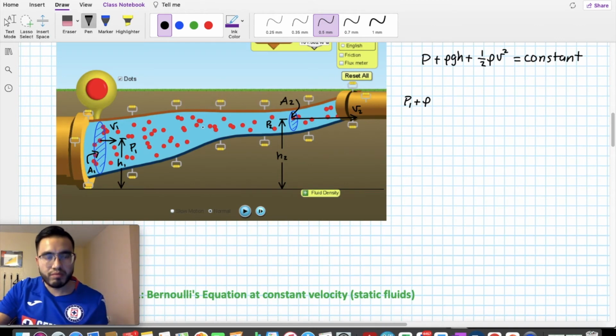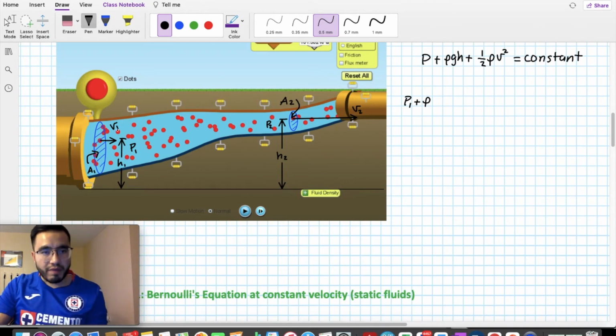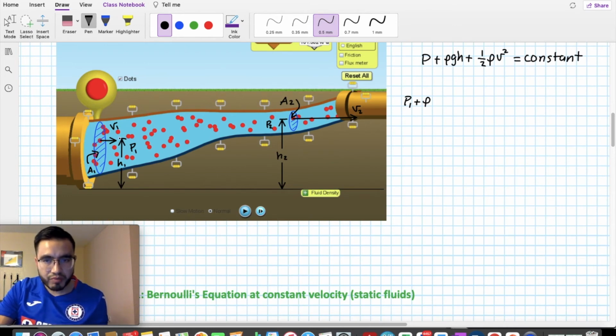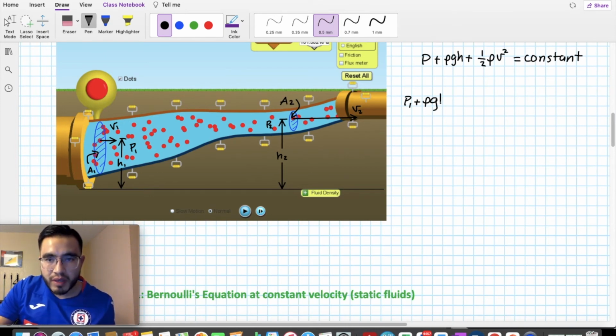Now, we're assuming the fluid cannot be compressed, it's incompressible, and it keeps the same density, right? So it'll be rho, acceleration due to gravity is a constant. We have height 1 plus the kinetic energy. So 1/2, the density is the same, velocity 1 squared.